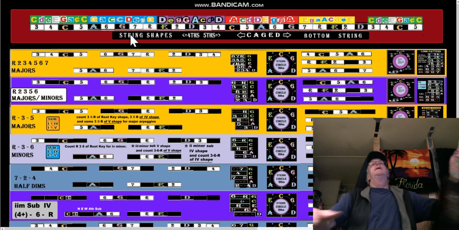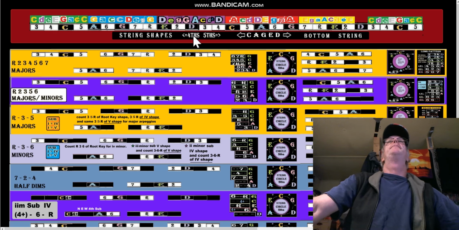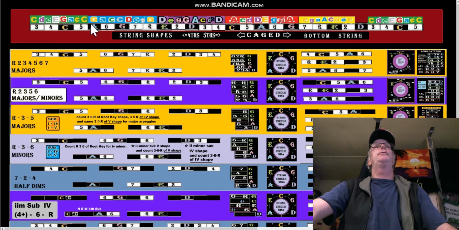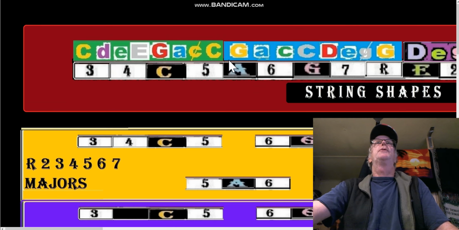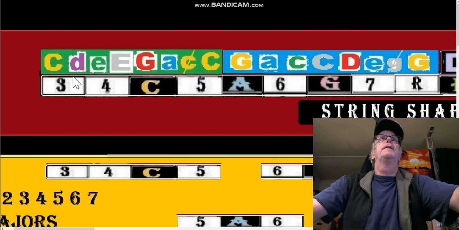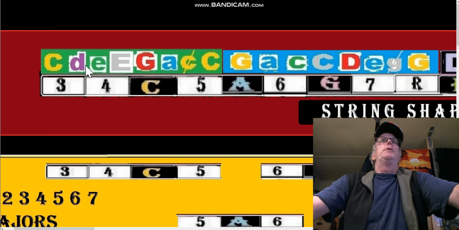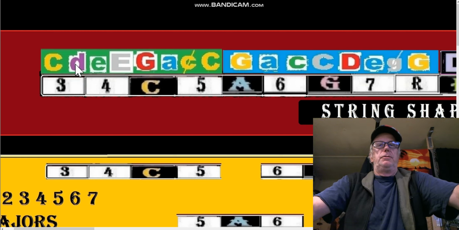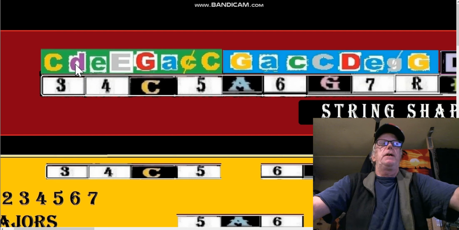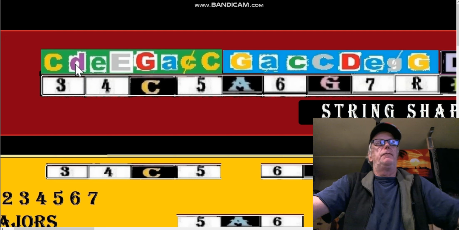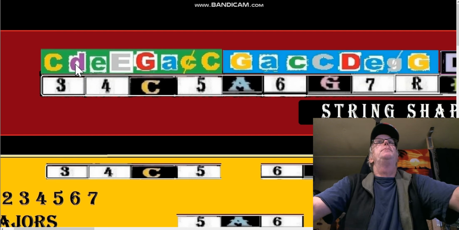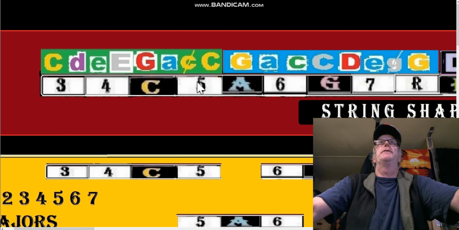Let's look at the modals here. When we're talking about substitutions, say you want to play this D minor. We're going to use the string shape root 3 6 for the minor. It's just going to be root 3 6. So in the C string shape, we're just going to use the 3.